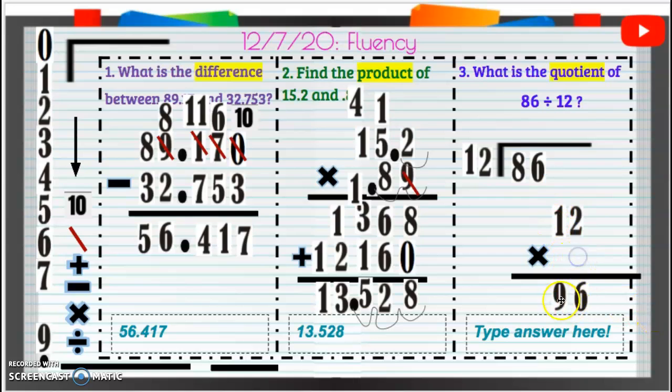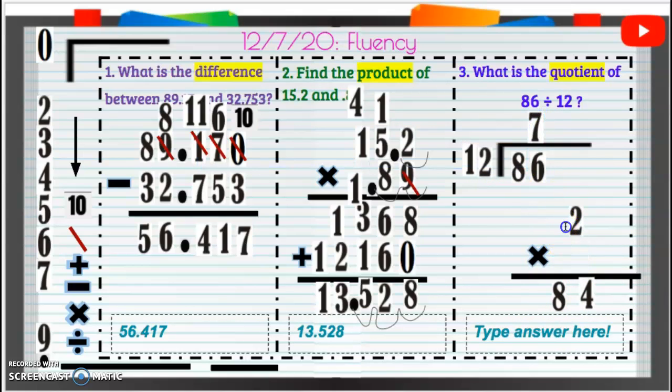So let's see. What if we tried times 7? All right, so 7 times 2 is going to be 14. I'm going to carry that 1, drop that 4. 7 times 1 is 7, plus 1 is going to be 8. So we have 84. Well, it can go in. So 12 times 7 is 84.